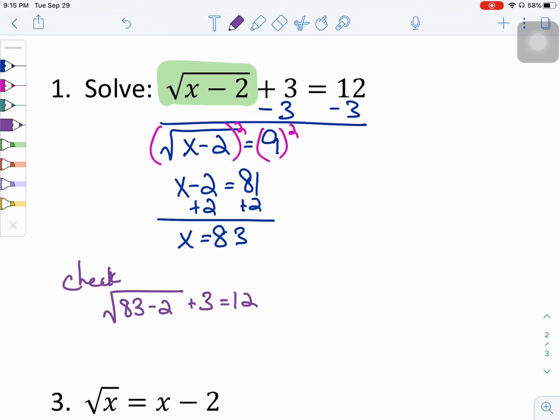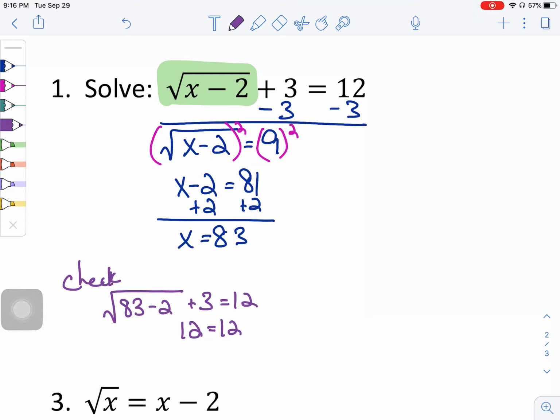So using your calculator, using whatever method you want, I want you to simplify this entire left side. Don't move anything from the left to the right. Just simplify what's on the left. So I've got the square root of 83 minus 2 plus 3 equals 12. So I have a statement that 12 equals 12.